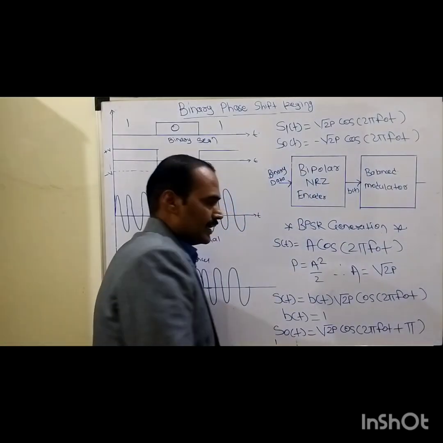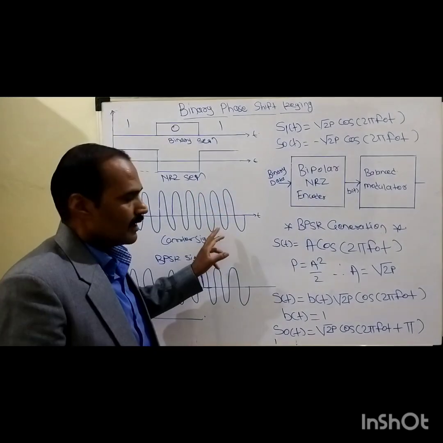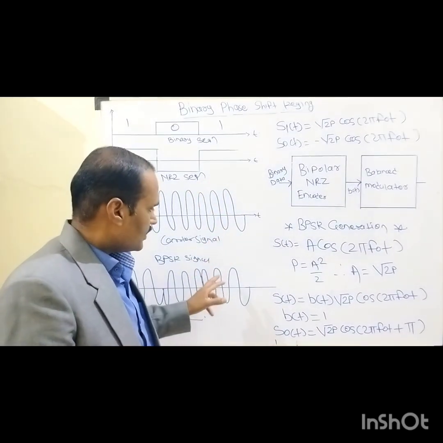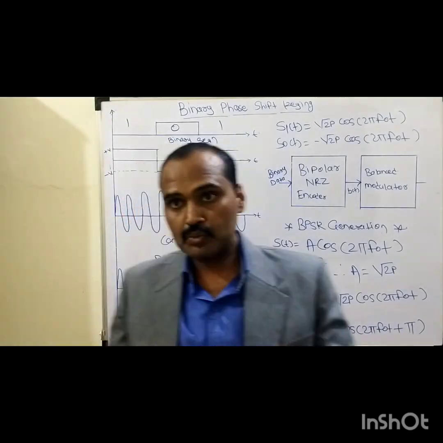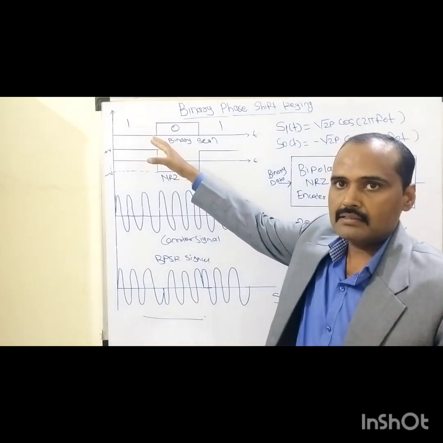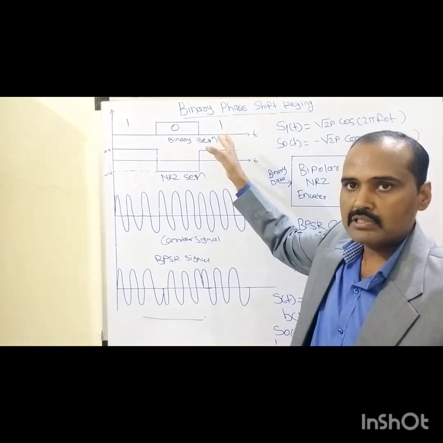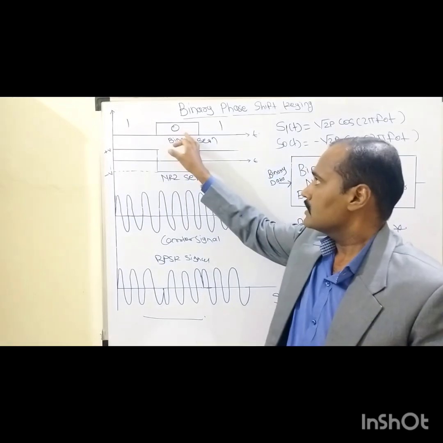As I told you earlier, in case of modulation there will always be involvement of the modulating and carrier signal. In case of binary phase shift keying, this is the digital binary symbol sequence belonging to the modulating signal, which consists of 1, 0 and 1.